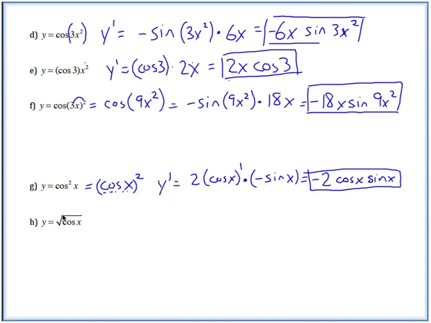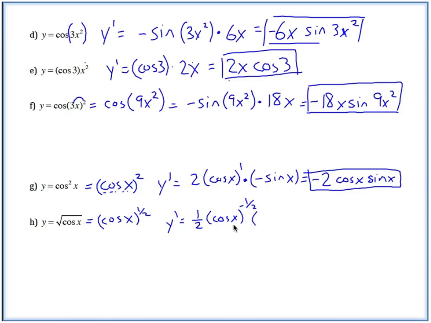For letter H, we want to rewrite this as cosine of x to the half power. And so again, this is a similar situation where we're going to use the general power rule. So y prime is going to be 1/2 times cosine x to the, well, 1/2 minus 1 is negative 1/2.